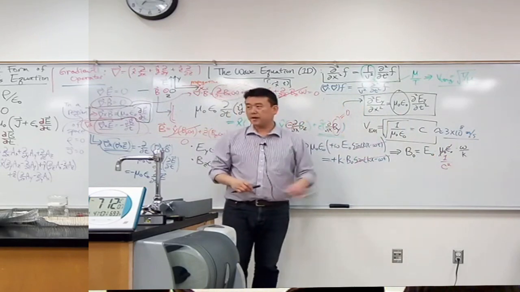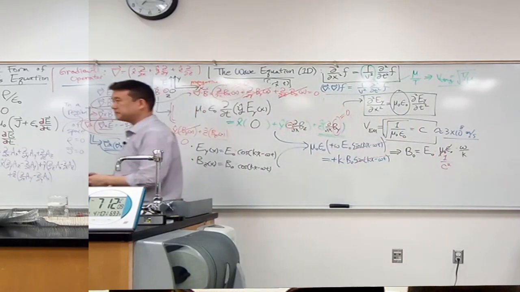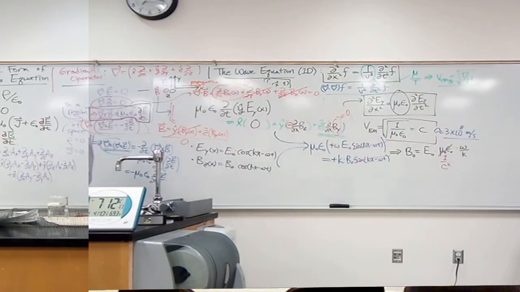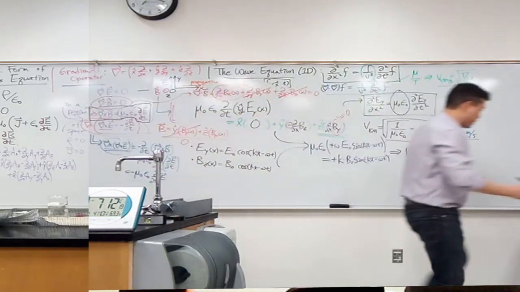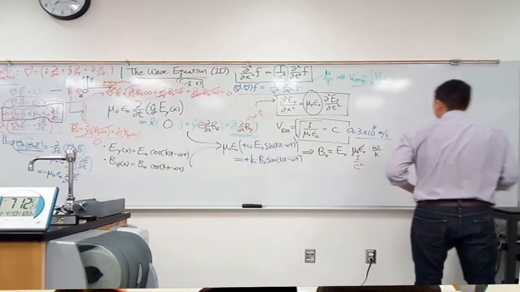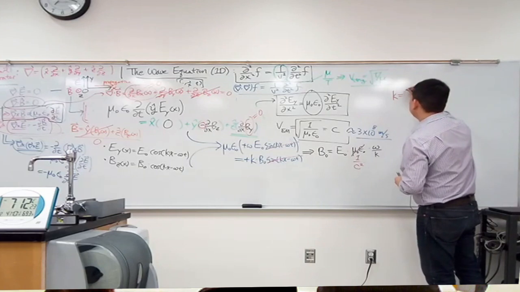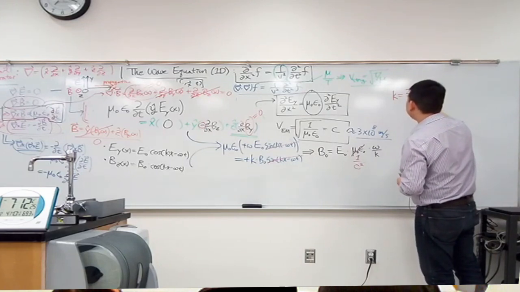What's omega over k? Do people remember what that was? So k is related to wavelength. The wave number k is related to wavelength by 2 pi over lambda.